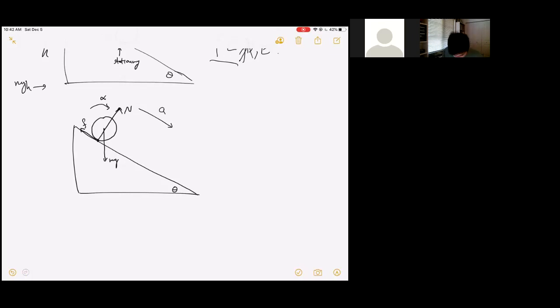All right. So let's write down the F equals ma equations. What we get is that mg sine theta minus F equals ma. That's the x equation, if I call this x. The y equation is that N minus mg cosine theta equals zero.